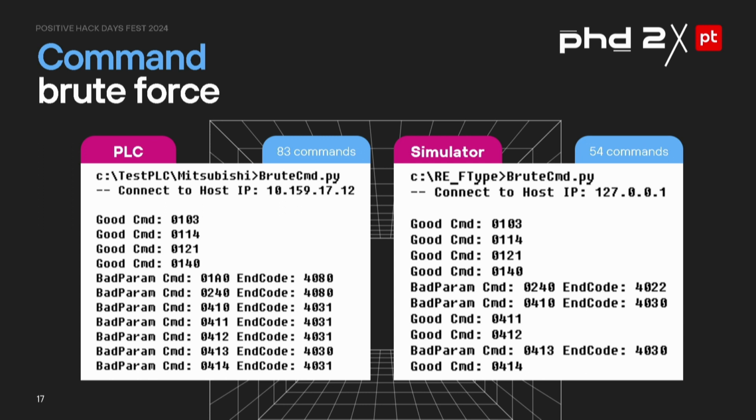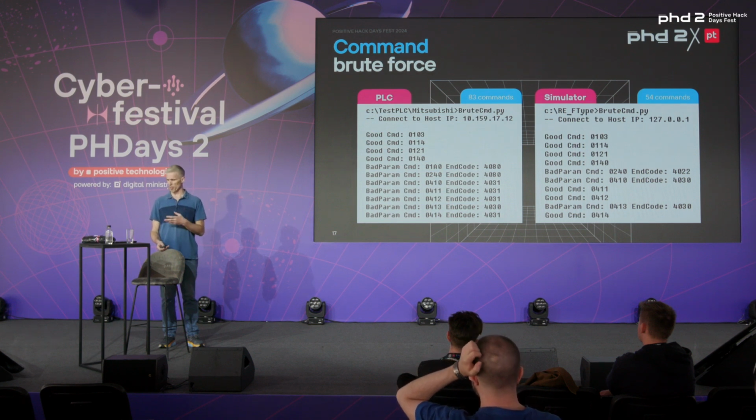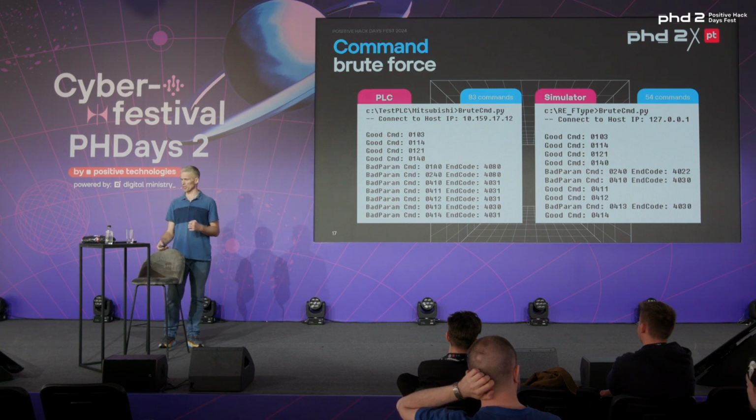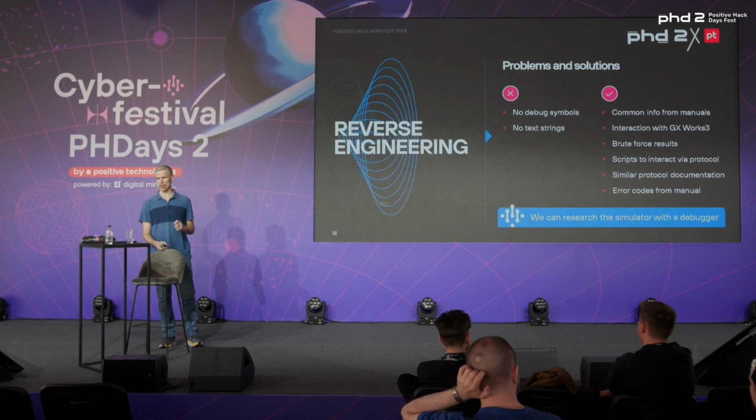Oh, and by the way, I also brute forced various command devices, and I learned that the simulator supported many different commands. There were 53 commands on the PLC in that version, and I found 54 of them.